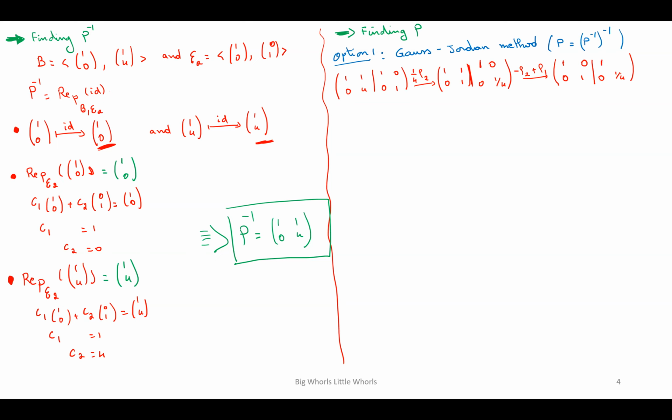Minus row 2 plus row 1 is going to be minus a quarter. So that means P equals this matrix, [1, 0; minus a quarter, 1 quarter]. So that's our P.